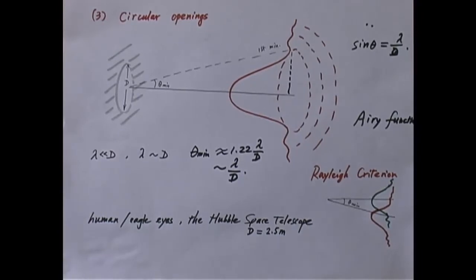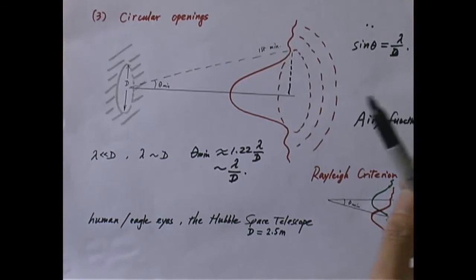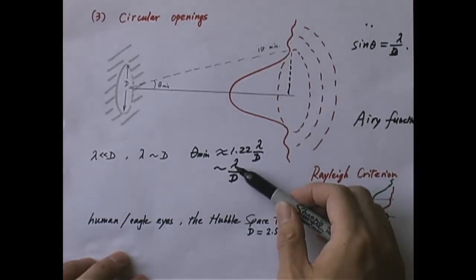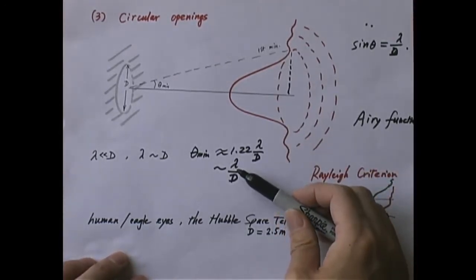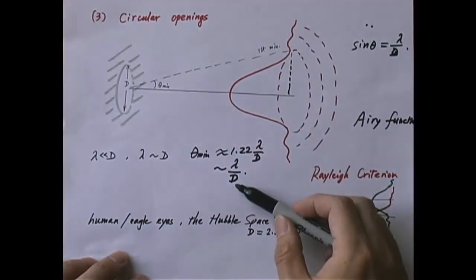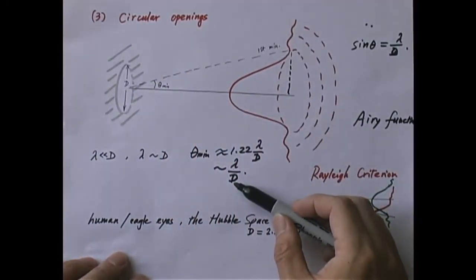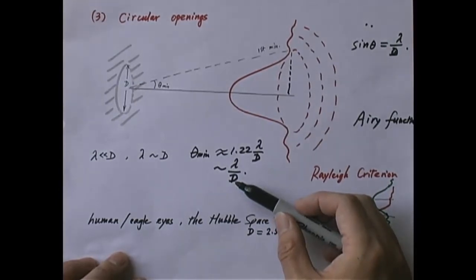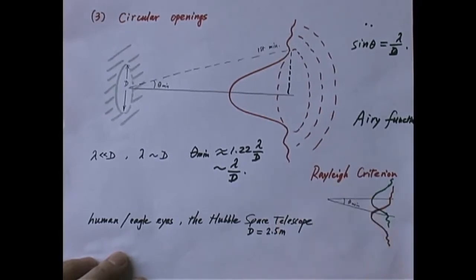Okay, so you see, in order to have better resolution, I would have one of these two things happening. One is I use a shorter wavelength, and the other is I make the opening size greater. I use a bigger lens. So that's one advantage of a bigger lens, because you get sharper images, you get better resolution. Of course, there is another obvious advantage, that more light can go through, so the image will be brighter as well. So not only is it brighter, but also it has better resolution.